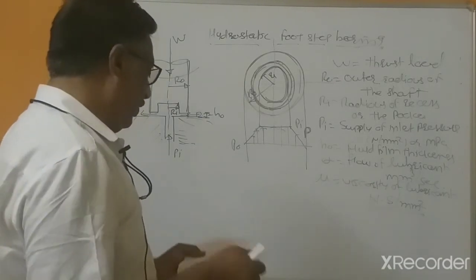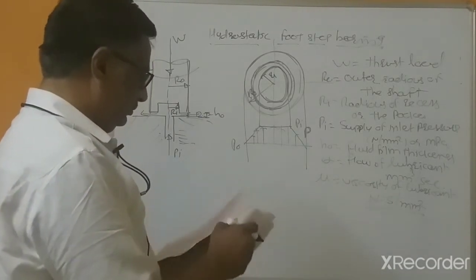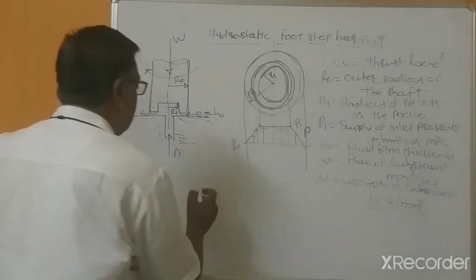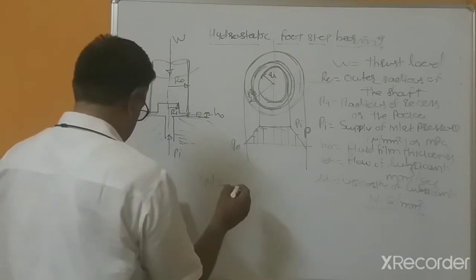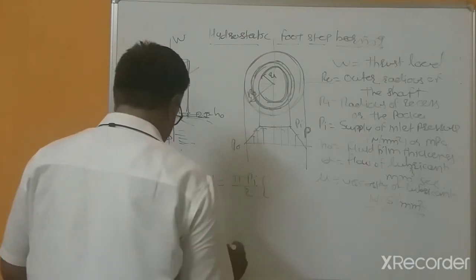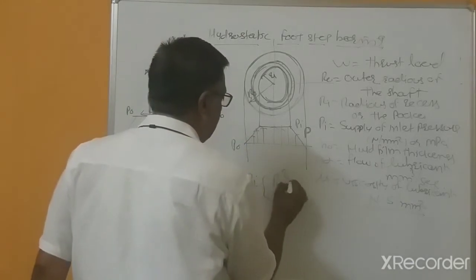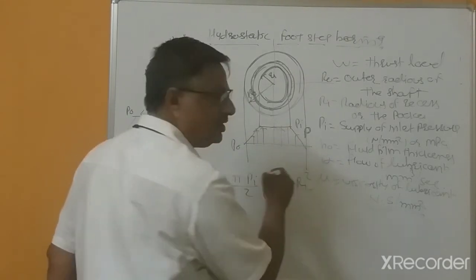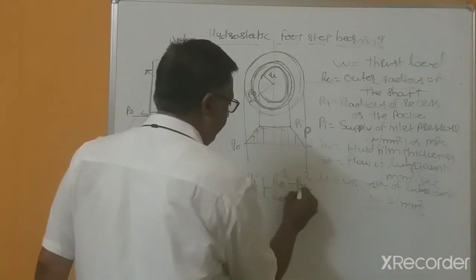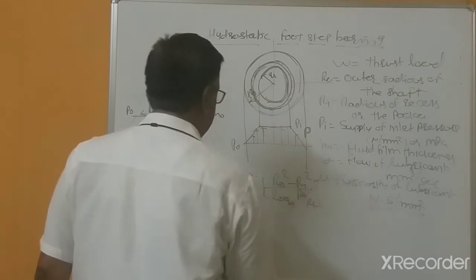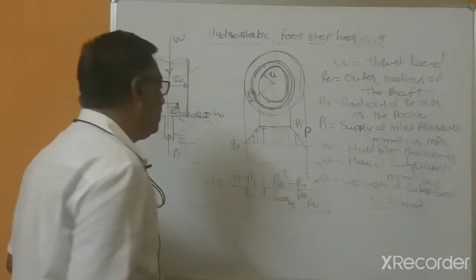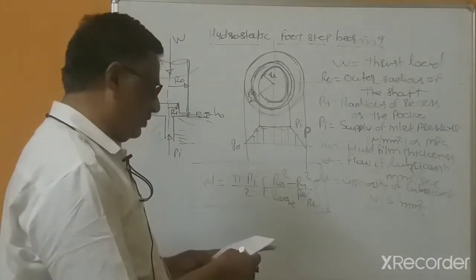So finally you will get W, the thrust load, equal to pi into Pi divided by 2 in brackets, outer radius squared minus inner radius squared, divided by log of E. So the maximum thrust load that can be applied, you can calculate using this formula.